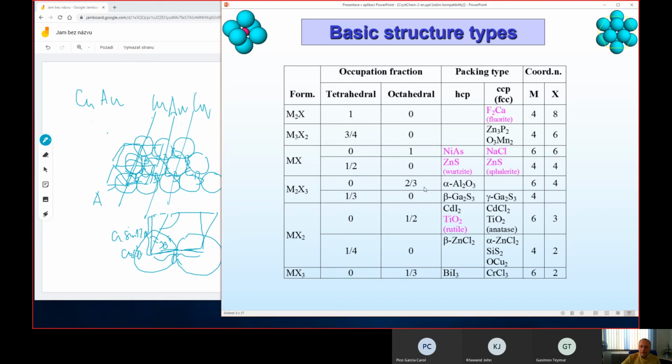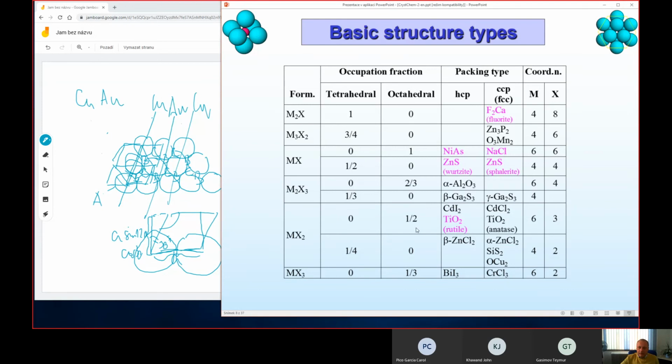If we fill only 2/3 of octahedral sites in hexagonal close packing, we obtain the corundum structure. If one half of octahedral sites is occupied in a layered pattern, so one layer is completely occupied and the other one is empty, we obtain the cadmium iodide and cadmium chloride structures.